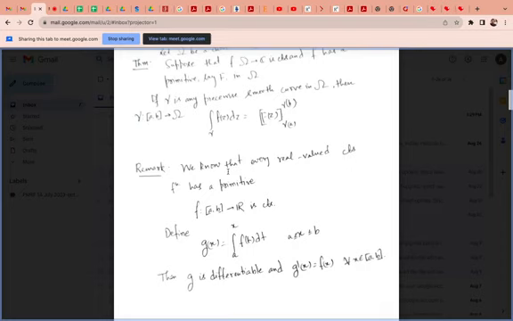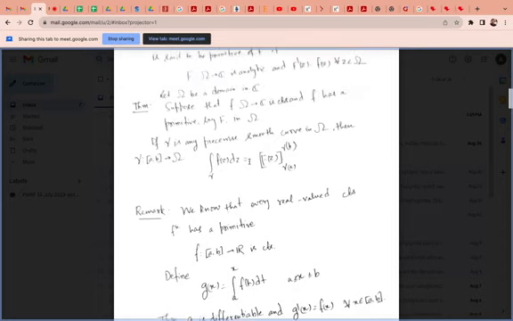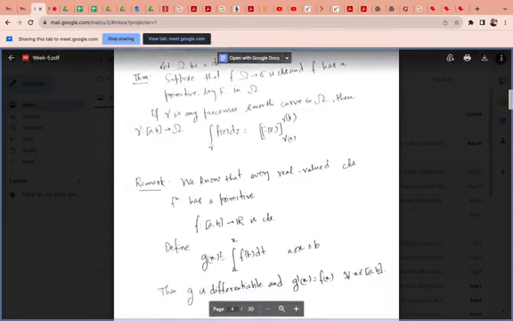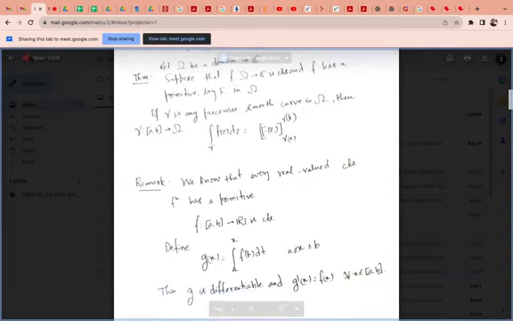Note that every continuous function has a primitive, but every analytic function need not have a primitive. Okay, it is not true that every analytic function has a primitive. Because if you think of the way we defined the primitive in the real valued continuous case, f is continuous, we defined the primitive like this: g of x equals integral a to x of f of t dt.